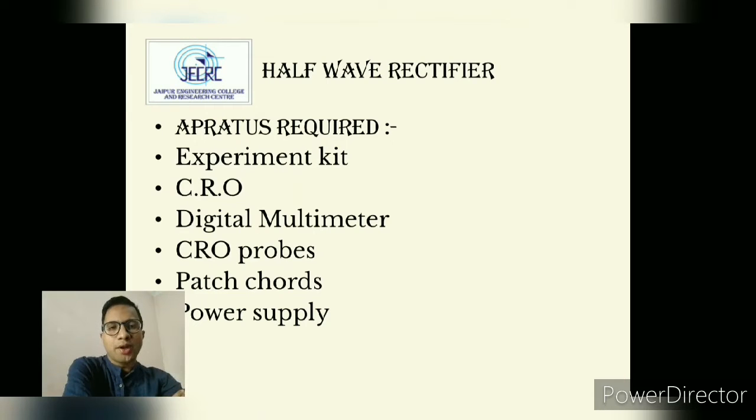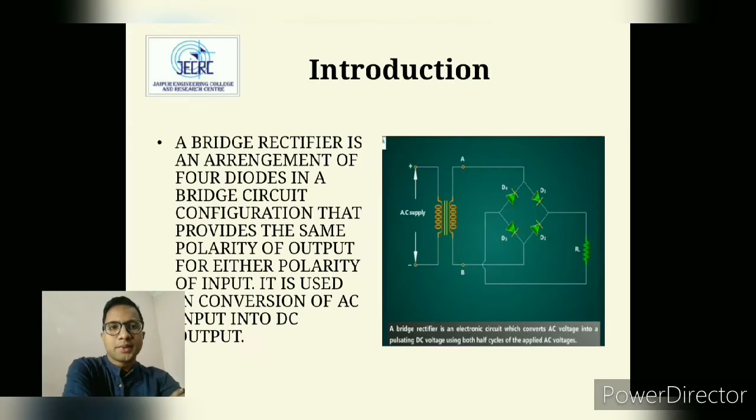The apparatus required in the bridge rectifier experiment are experiment kit, CRO, digital multimeter, CRO probes, patch cords and power supply. The introduction of a bridge rectifier circuit: it is a rectifier used to convert AC into DC.